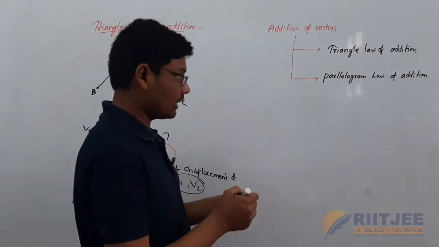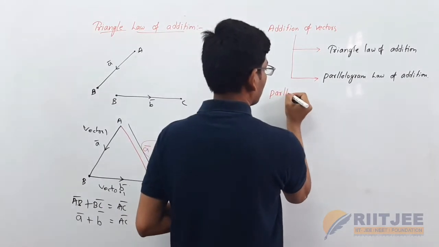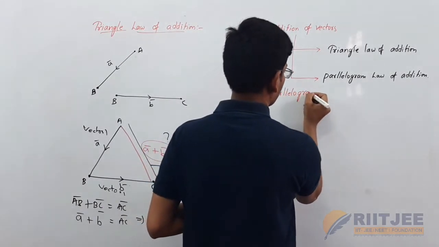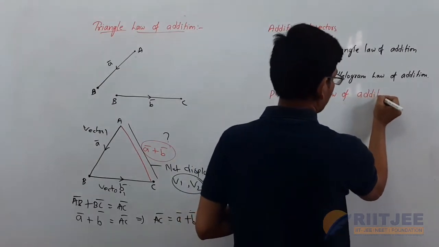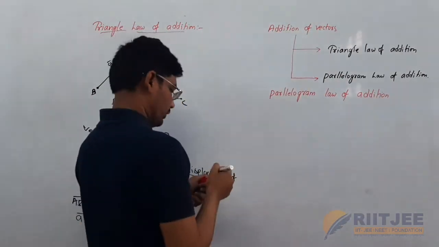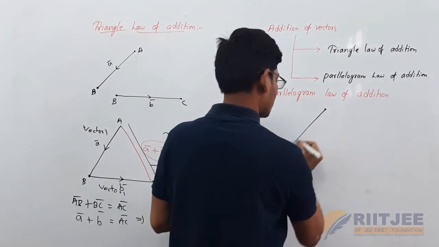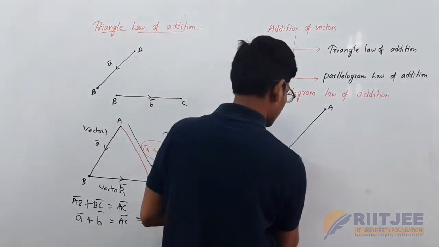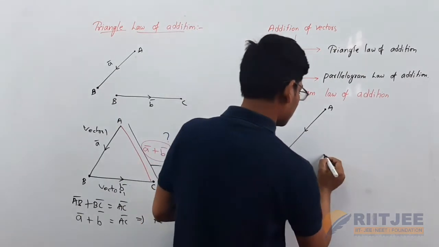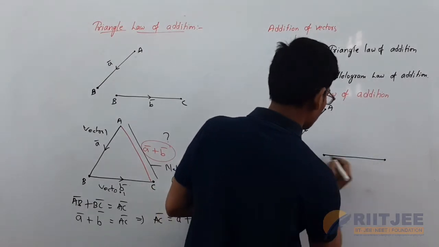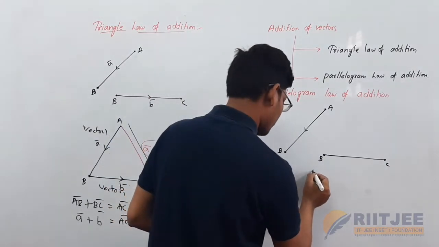And the next one is the parallelogram law of addition. Here again, if you take two vectors, this is A and this is B, and if you take one more vector, that is BC, and join these two vectors together, then what will happen?